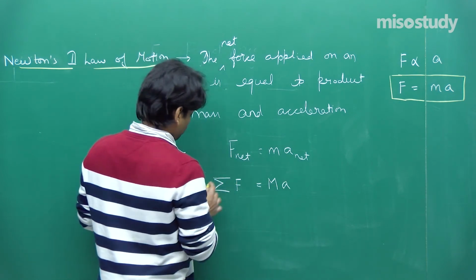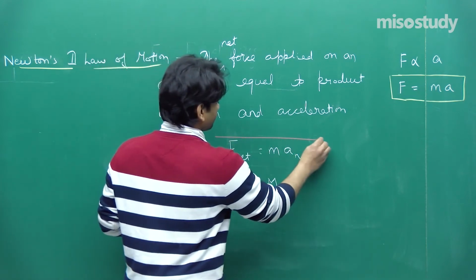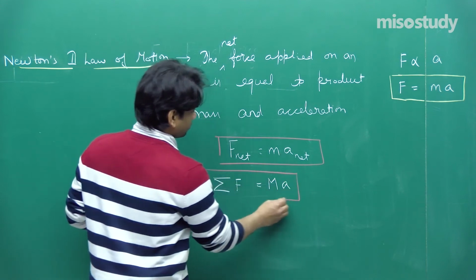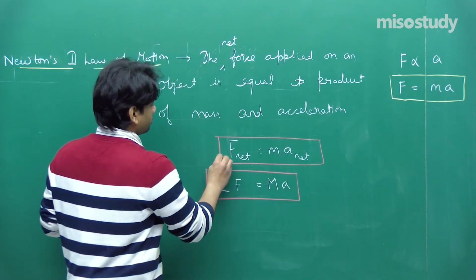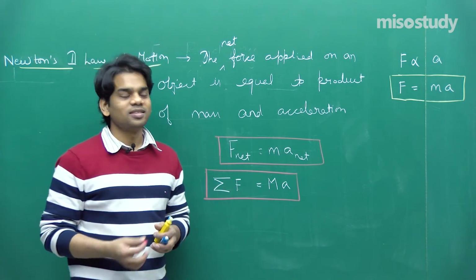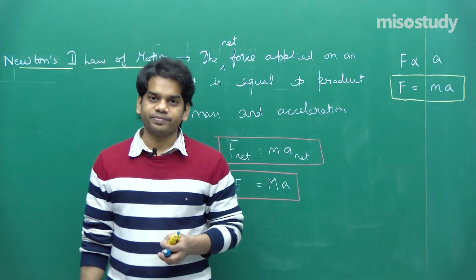Even this statement is valid, and even the earlier statement is also valid. F net equals mass into acceleration net, or sigma F is equal to mass into acceleration. This is all about the basics of the second law.